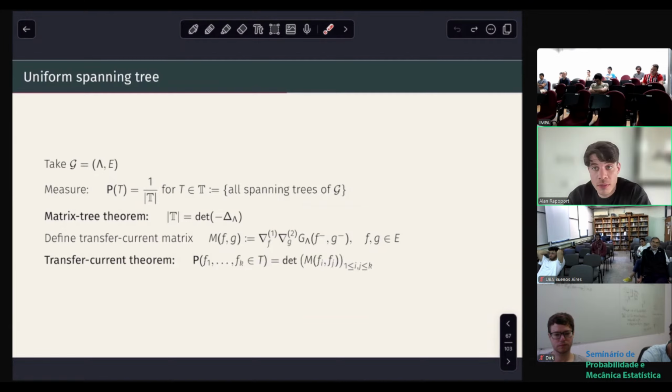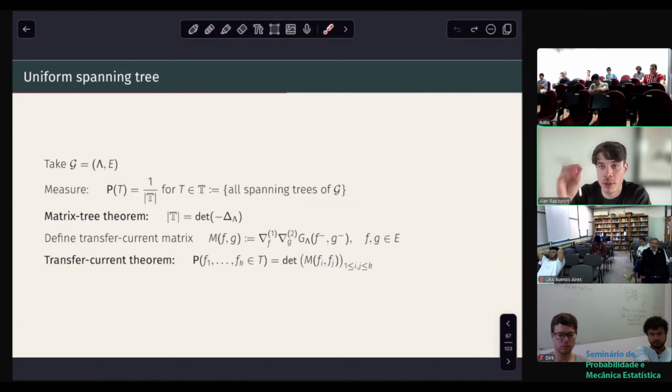And there's another theorem, again, this is standard UST techniques, nothing absolutely obscure here, that tells you that if you want to calculate the probability of having this edge and this edge on a spanning tree sampled randomly, you just take the determinant of a submatrix of this M over here, nothing else.